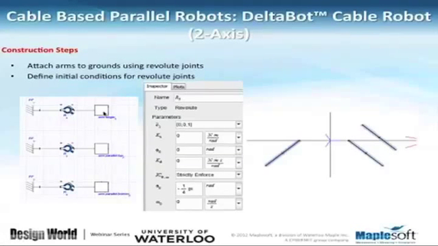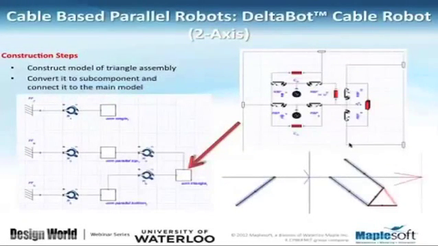The next step is to make the triangle that we saw in the original design that is connected to the first two arms, this triangle arm. In order to make this, we follow the same method that we discussed for the design of the arm.